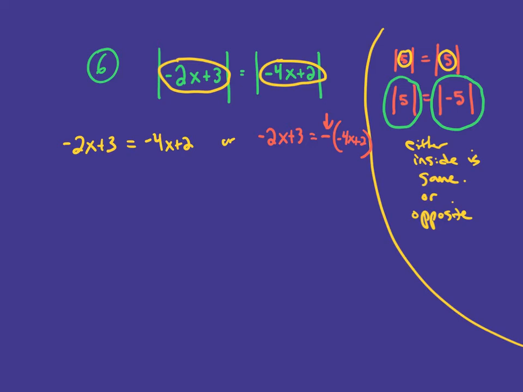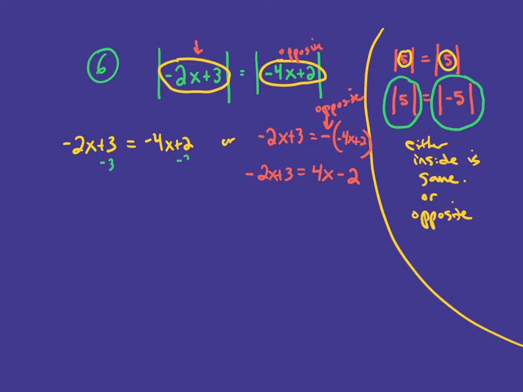Another way you can write that is just to change the signs of both the negative 4x and the 2. You can write this as negative 2x plus 3 is equal to positive 4x, which is the opposite of that one, and then the 2, the opposite of it, is negative 2. So it's either exactly the same or opposites. You leave the first one exactly as it is and then do opposite on the second one. And then we'll work out both of those.